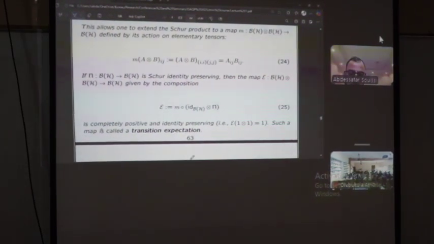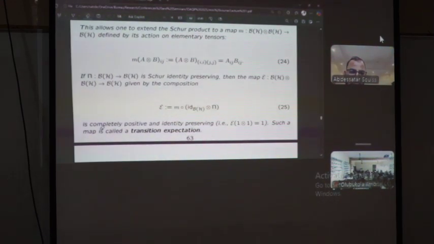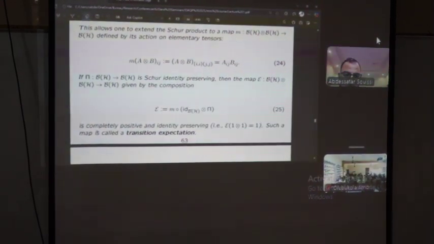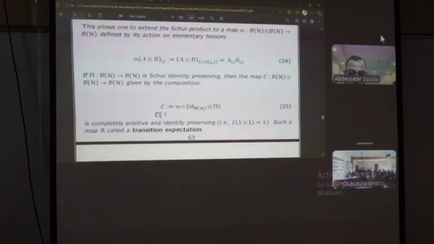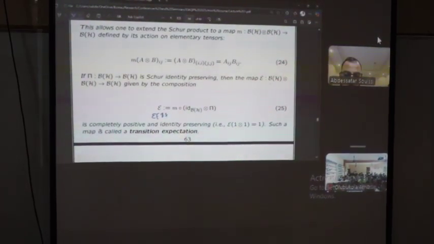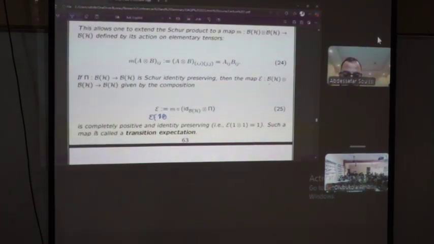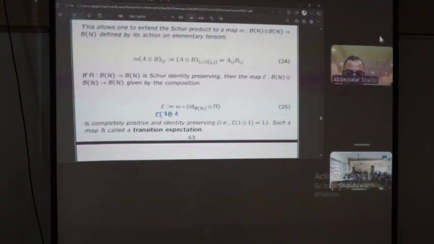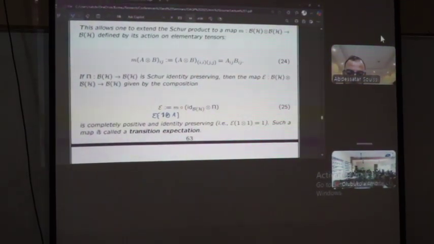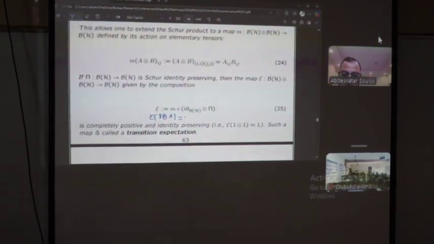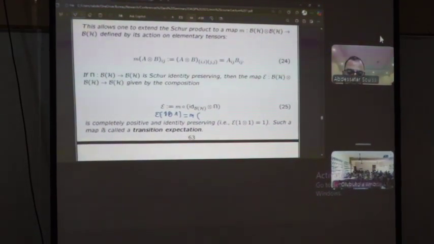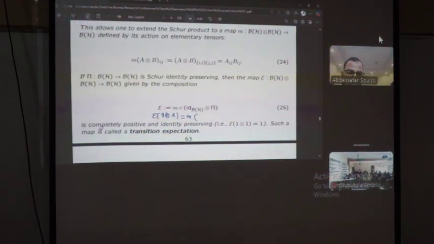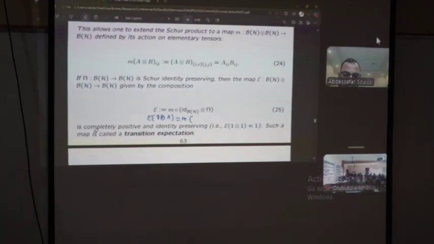Now, if we look at E of A and E of 1, let's say here by 1 we mean the matrix in which all entries are equal.